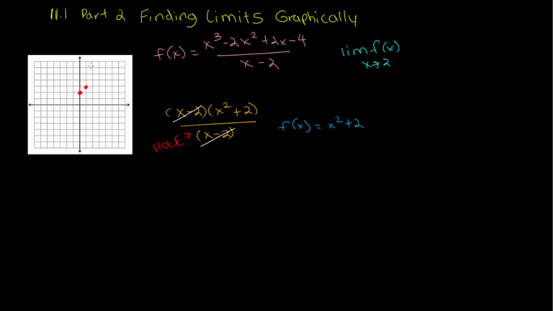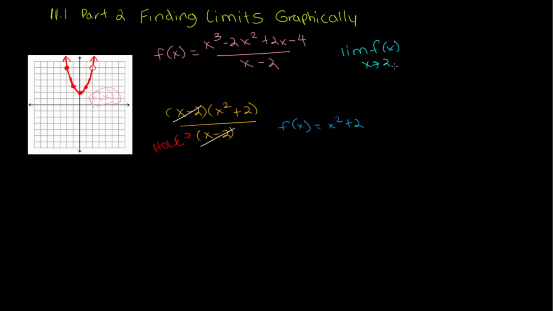Then it's symmetric because it is similar to a quadratic equation. I'll just draw the graph right here. So this is our function. We just graphed our function x cubed minus 2x squared plus 2x minus 4 over x minus 2. We have the graph of f of x over here.